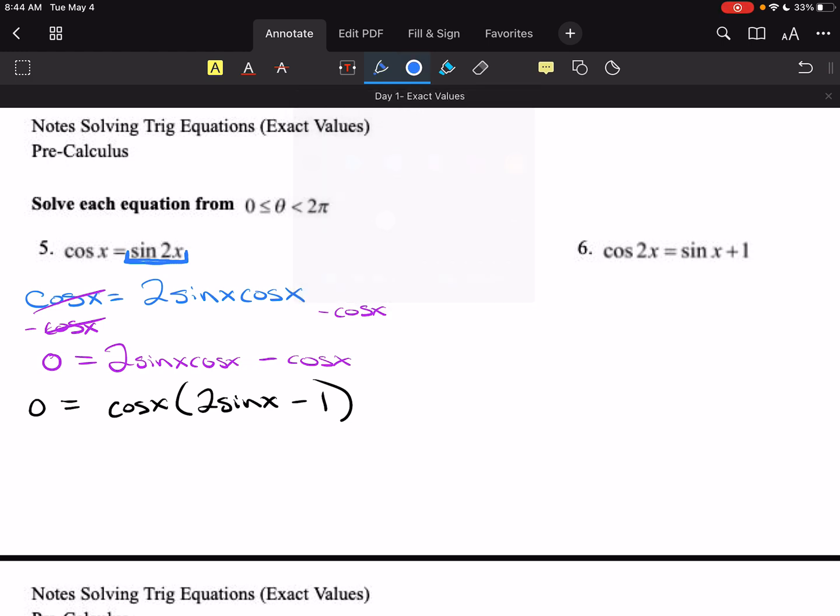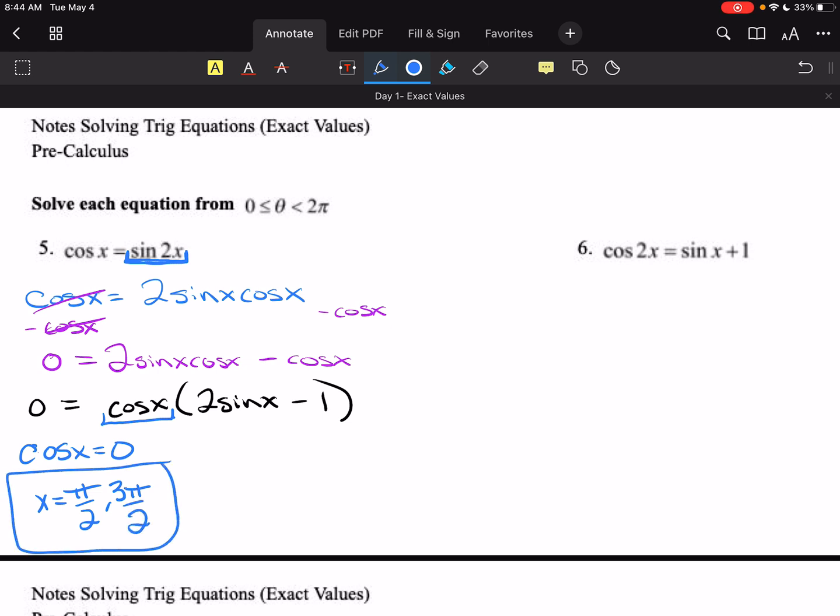So my first factor, cosine x, set that equal to 0. And cosine of x equals 0 at my pi over 2's. So we would have pi over 2 and 3 pi over 2.